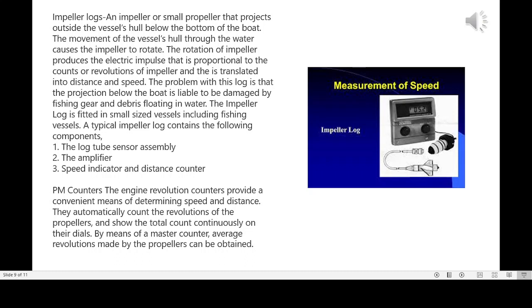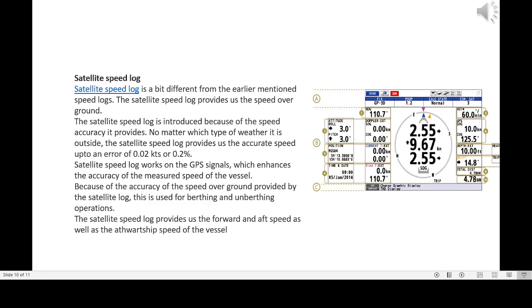Satellite speed log. Satellite speed log is a bit different from the earlier mentioned speed logs. The satellite speed log provides us the speed over ground. The satellite speed log was introduced because of the speed accuracy it provides. No matter which type of weather it is outside, the satellite speed log provides us the accurate speed up to an error of 0.02 kts or 0.2%.